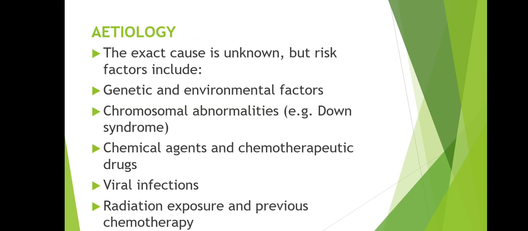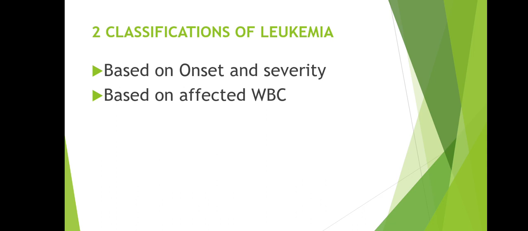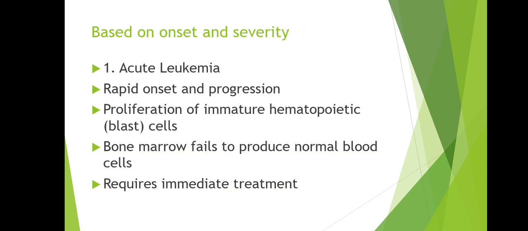So now let's try to first understand classification of leukemia based on onset and severity. Based on onset or severity, we have acute leukemia, meaning its onset is rapid and in the progression, there is proliferation of immature hematopoietic cells. Okay, blast, we mean to say something is immature.